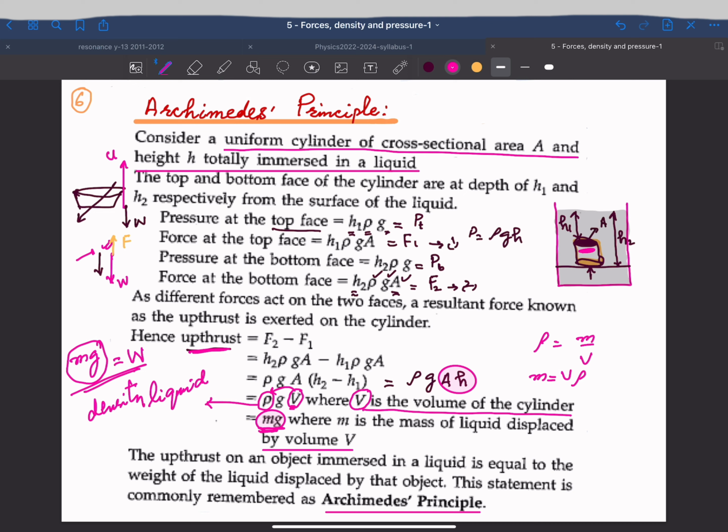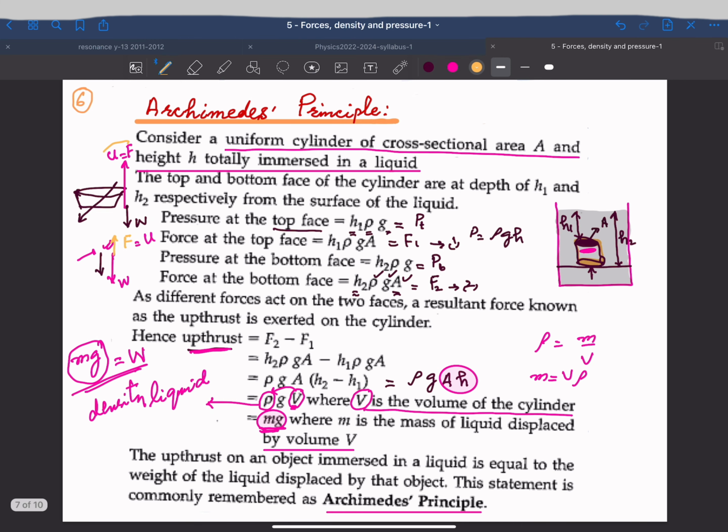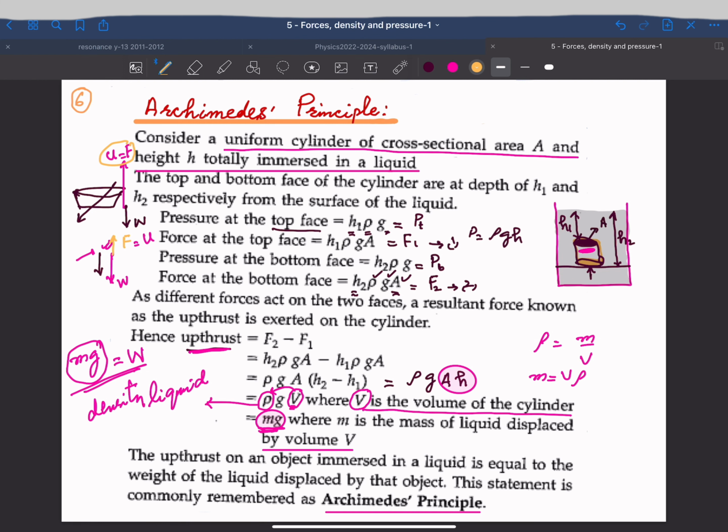Here we are using F and U for the same thing: any upward force is the upthrust. So if the upthrust is a big force, then of course the boat will float on the surface. So this is the concept of the upthrust.